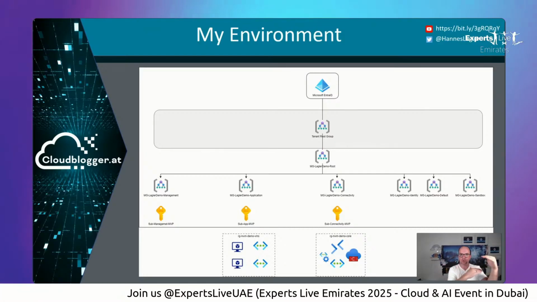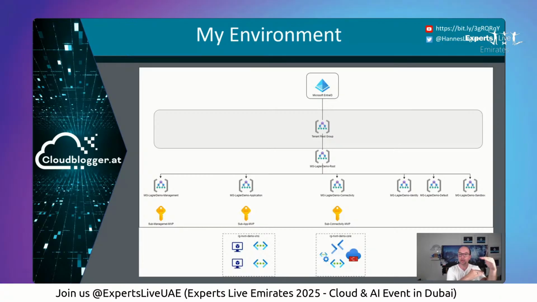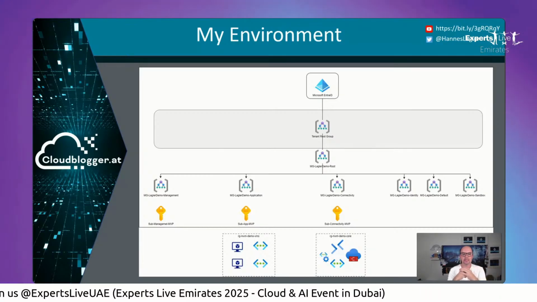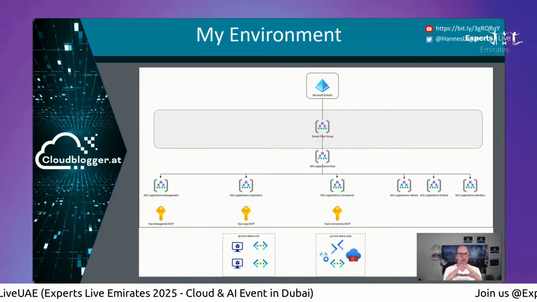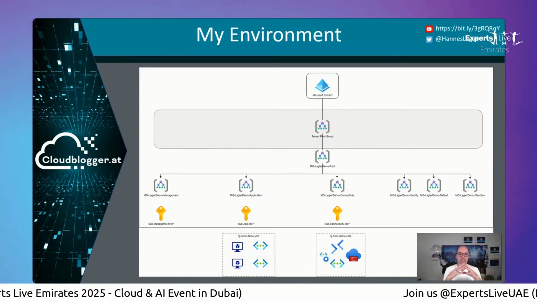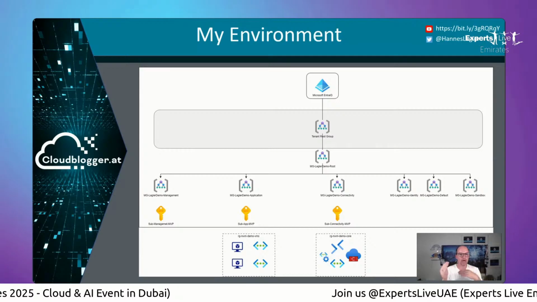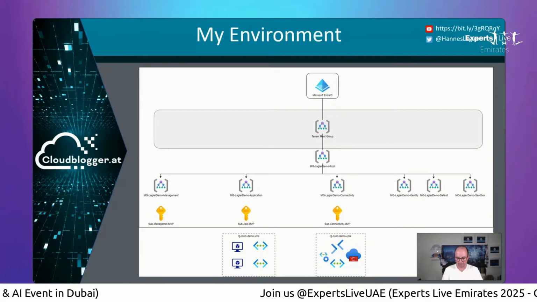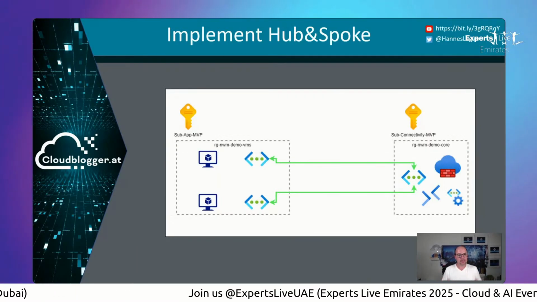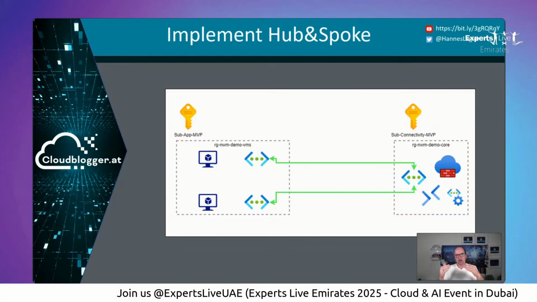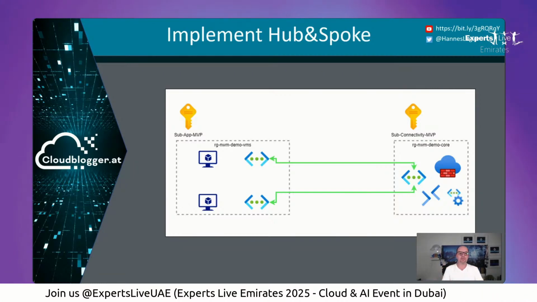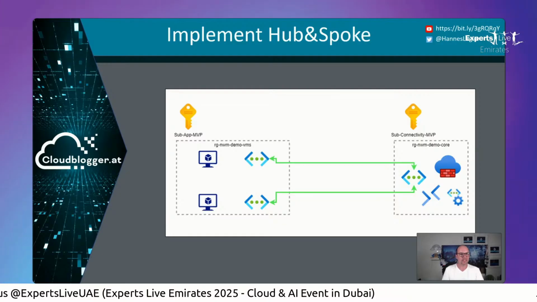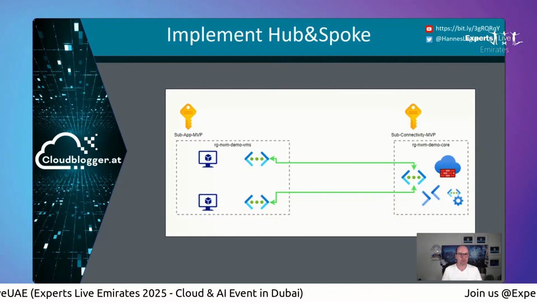And I have my two spokes, also with a virtual machine assigned. Normally there's no peering available. There's no connection between the hub and spokes. There's nothing configured. So what we're doing in the first step is connecting the spokes to the hub automatically over Azure Virtual Network Manager, and we'll test that the functionality is working fine and so on.